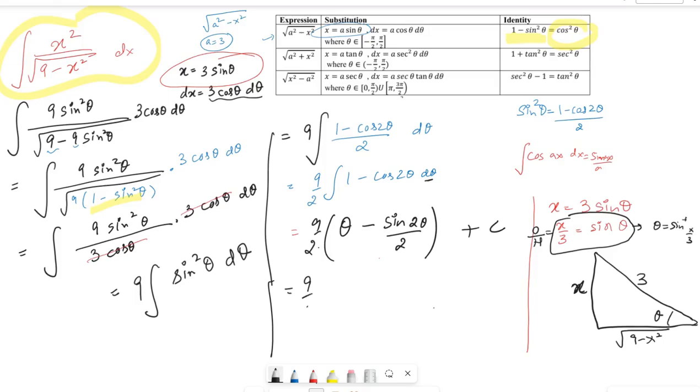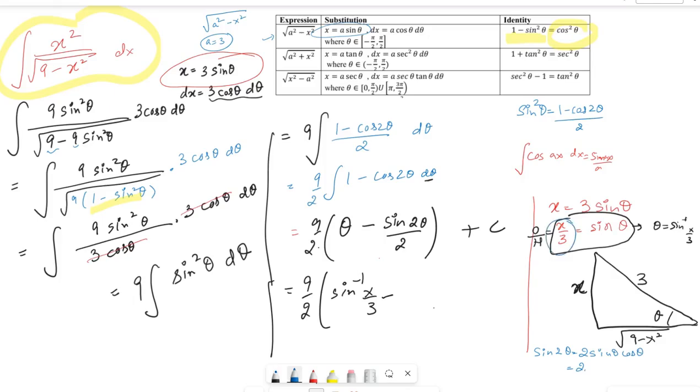So that first value, theta, can be written as sine inverse of x by 3, minus, let's work on this sine 2 theta. Sine 2 theta, the formula from pre-cal, is 2 sine theta cosine theta.